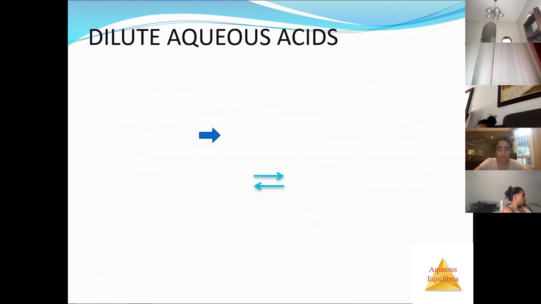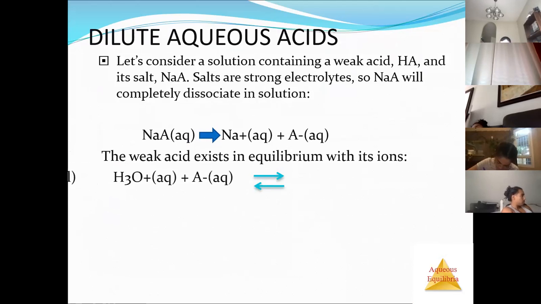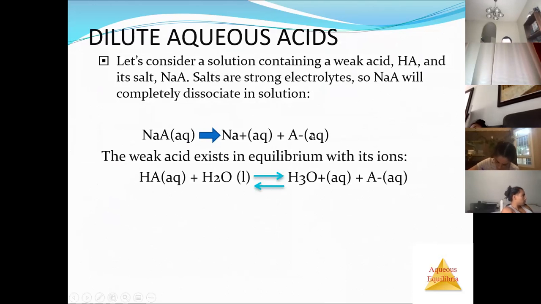So let's see how they work. Salts, as a general rule, dissolve in water to make a cation and an anion. Now, if I have a weak acid, and that weak acid has a common ion with the salt, my equilibrium goes in the reverse direction because I have too much A minus.